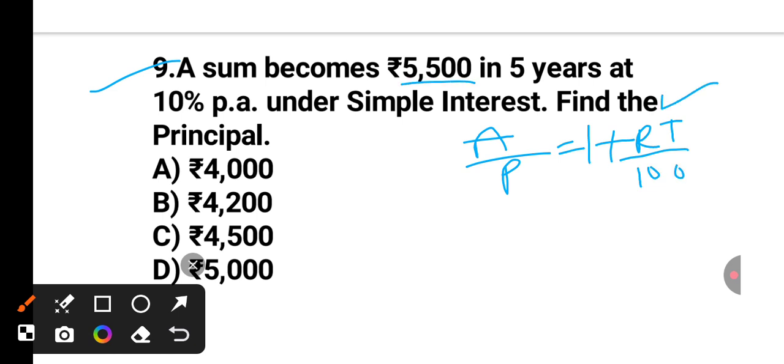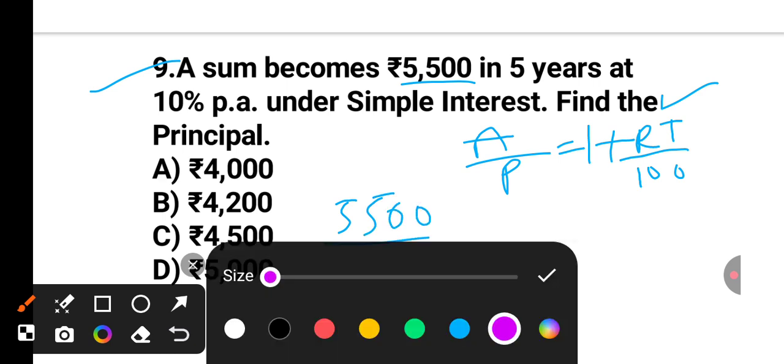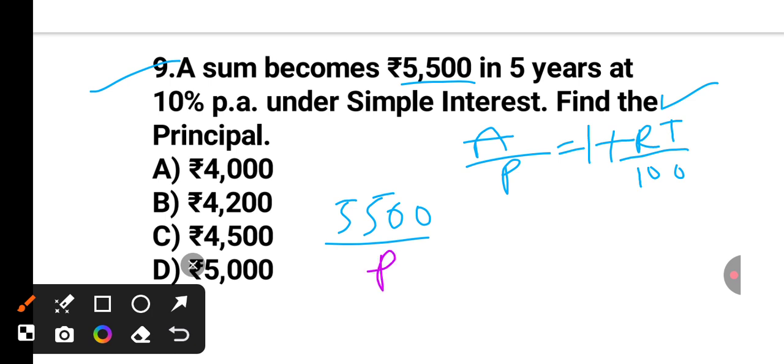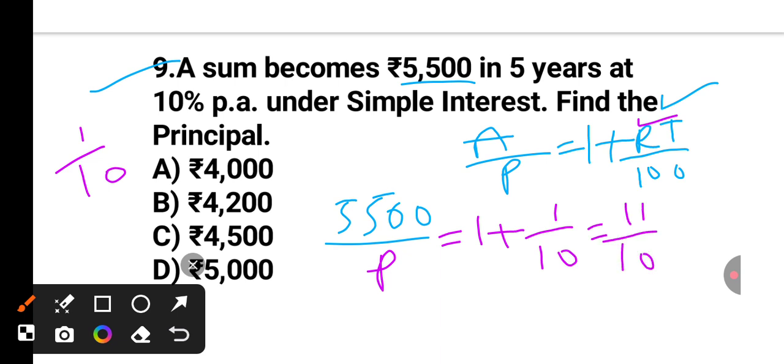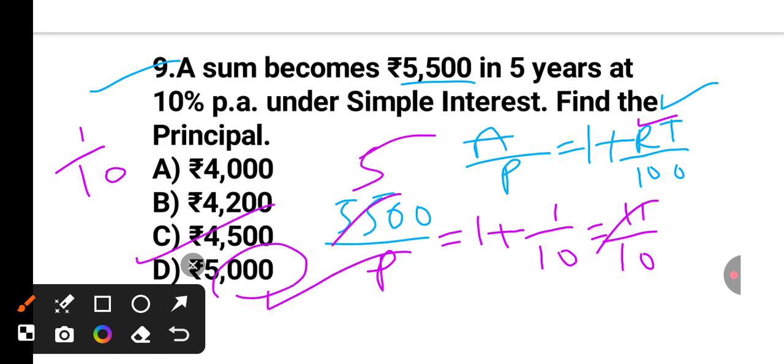Here the amount is given, 5500 divided by principal unknown, equals 1 plus rate is 10%. 10% equals 1 by 10. 1 plus 1 by 10, total is 11 by 10. See, this is 11 into 5 times. It means 5000. 5000 is your principal.